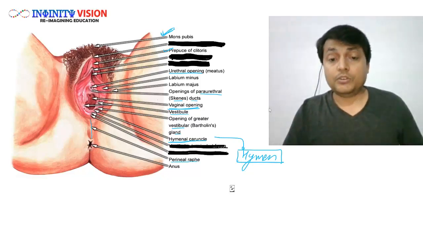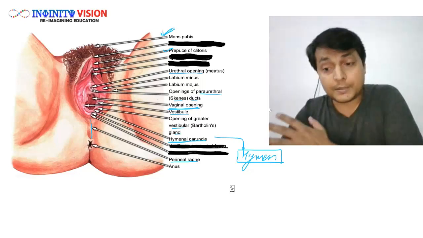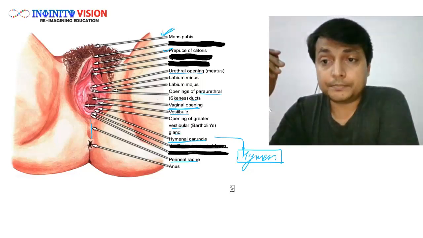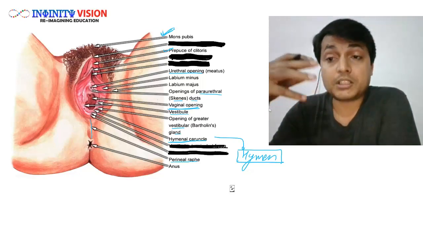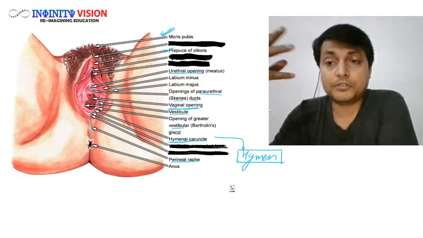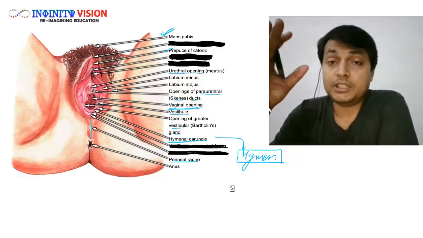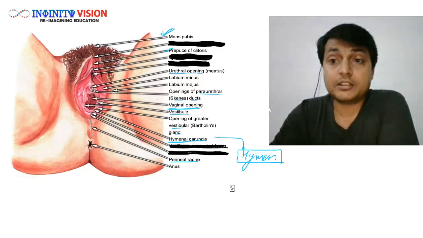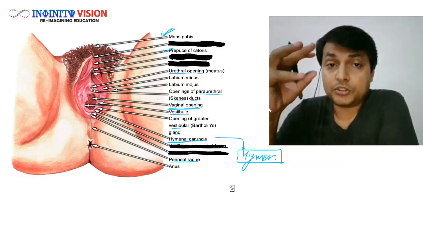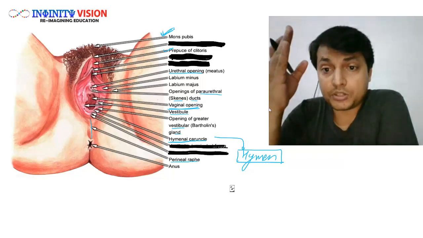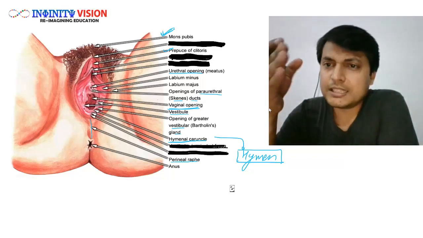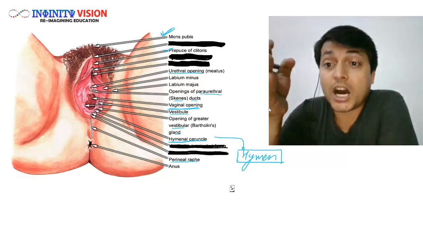Now, if you have already studied reproduction in plants, you know what raphe is. If you don't recall, I would advise you to go and revisit the seed. When I taught you seed, I spoke of raphe, and it is the same kind of thing. So raphe is a scar.